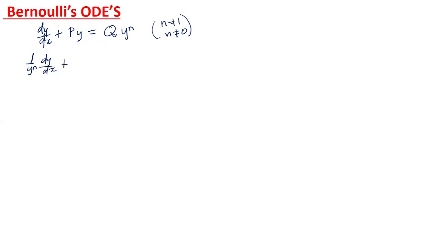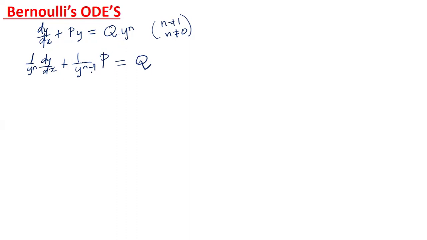And then on this term we're going to have 1 over y to the power of... remember we are dividing by y to the n, but because this is at the top, when you take it to the bottom it's going to be negative n, laws of exponents. I hope you all understand that. We're going to have y to the power of negative n there, multiplied by p, is equal to q. Honestly speaking, there is nothing special that we did over here. We just divided everything by y to the power of n.